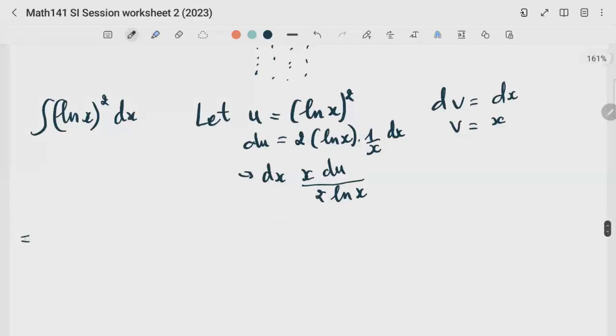The formula tells us it has to be u times v minus the integral of v du, right?